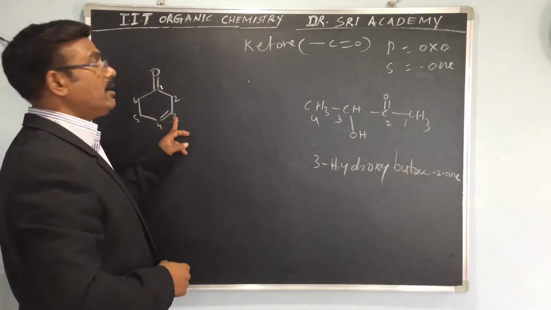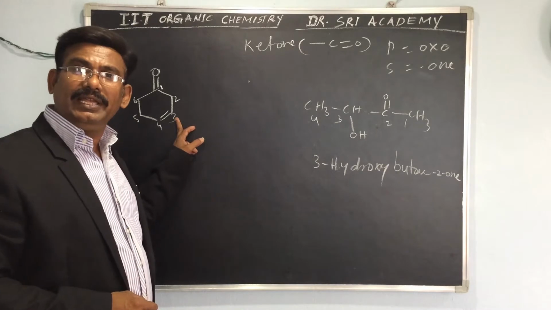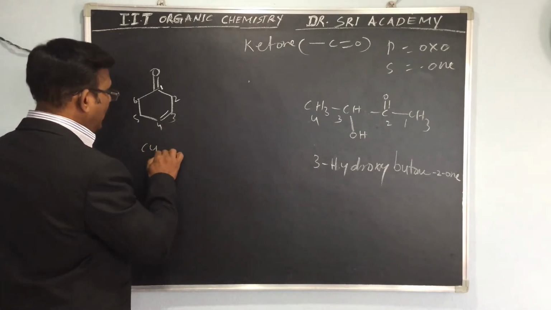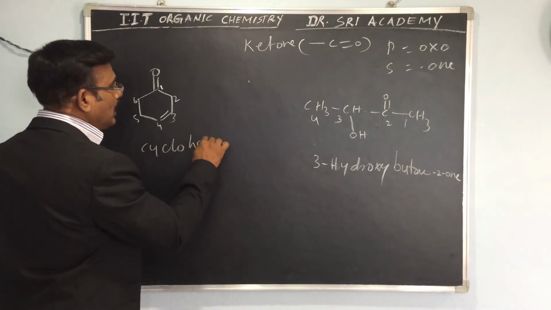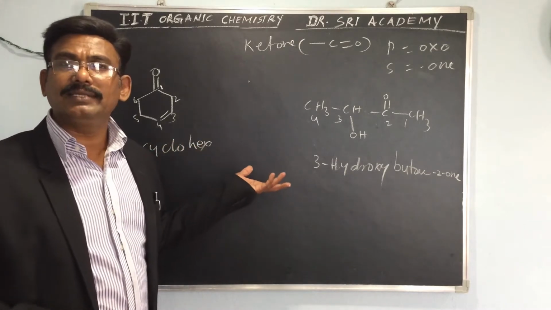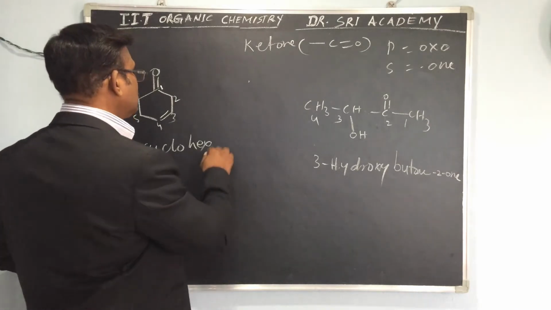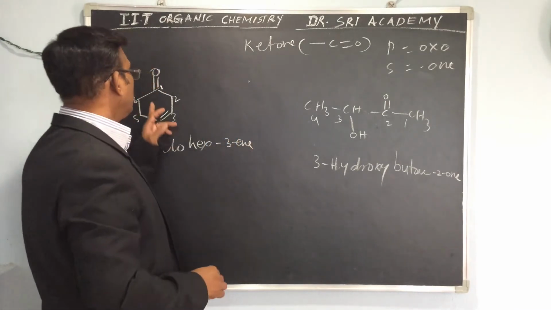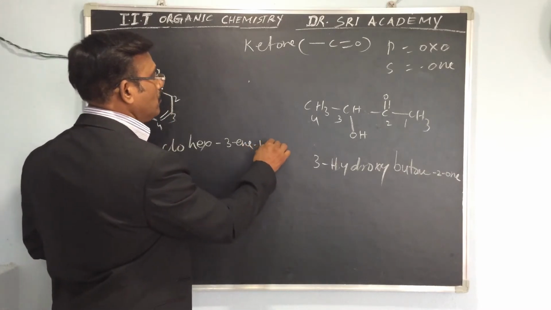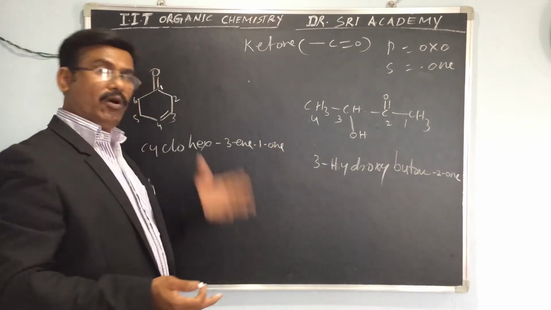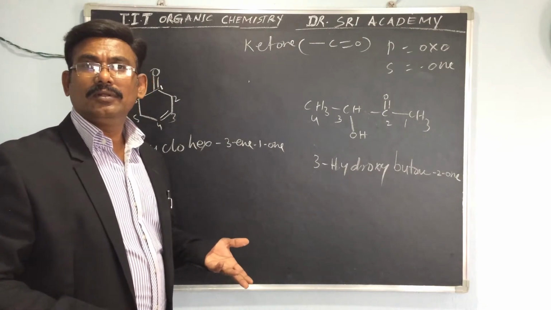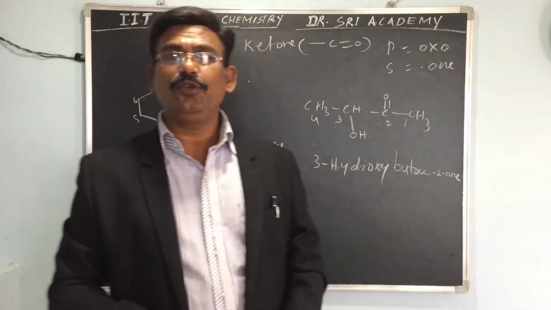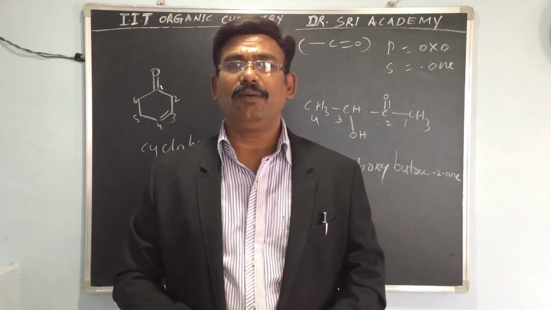So here the 3rd carbon contains the ene group. 3-ene, cyclohexane. Cyclohex-3-ene, 1-one, or simply one. So cyclohex-3-en-1-one. This is the IUPAC name of the cyclic compound.